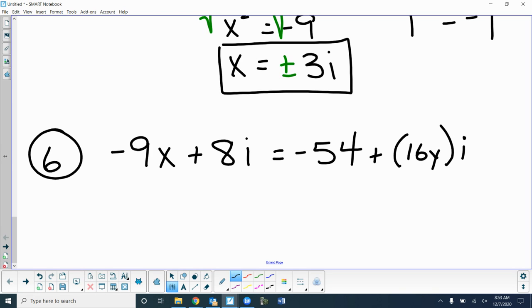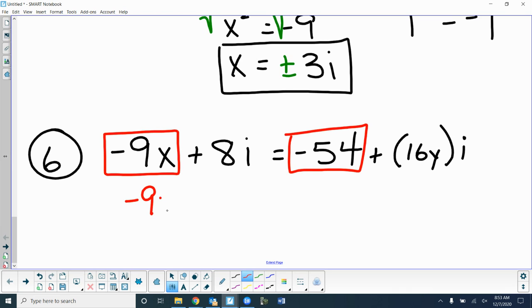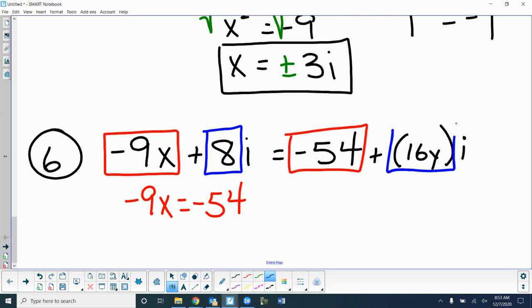In order for this complex number to equal that complex number, the real parts have to be equal. And then the imaginary part. And you don't have to worry about the i's, you can just drop them. Those have to be equal. In order for those two sides to be equal, those two parts have to be equal.